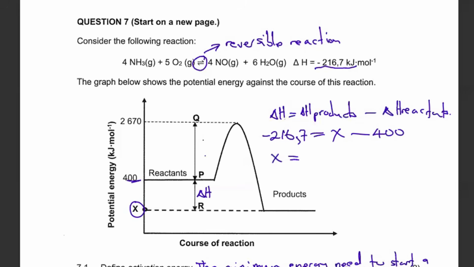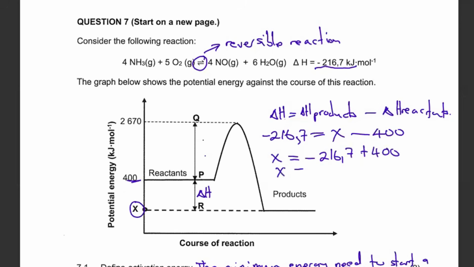Then you are supposed to make X the subject of the formula. So X is equivalent to negative 216.7 plus, if I transpose negative 400, it should be a positive, because if you are taking 400 to that other end, it's going to be positive. So it's negative 216.7 plus 400.